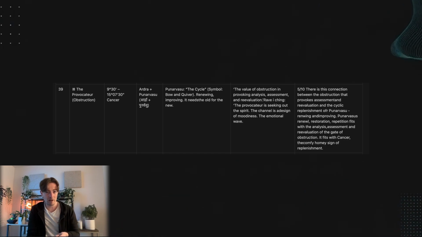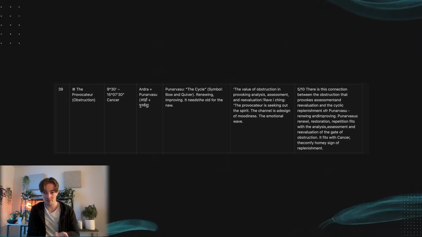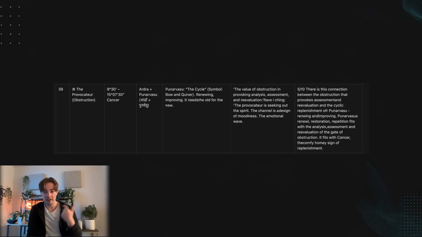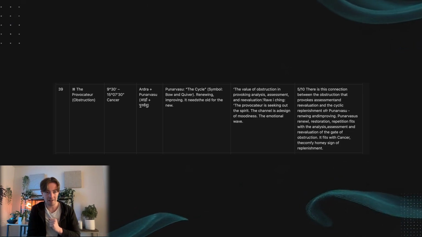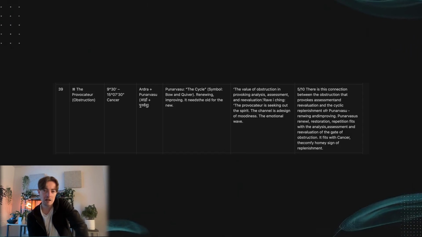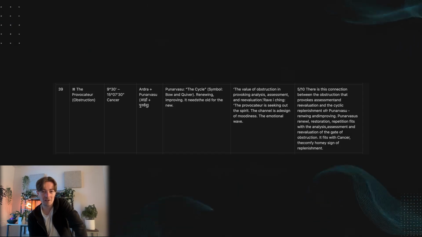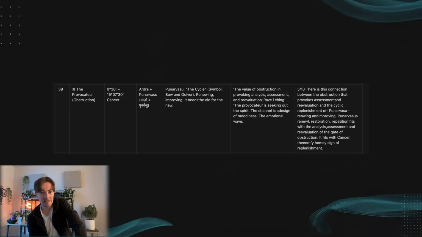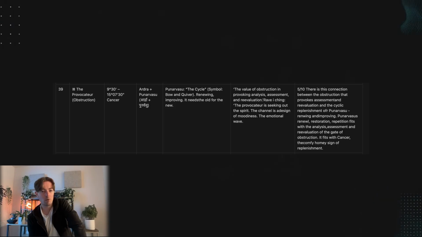It fits with Cancer, definitely fits with Cancer being this comfy, homey sign of replenishment, even an emotional sign in Cancer. So the gate and the nakshatra work well with the sign of Cancer, but there's not really so much of a direct link between Punarvasu, this cyclic idea, and this provocateur idea of the 39th gate.